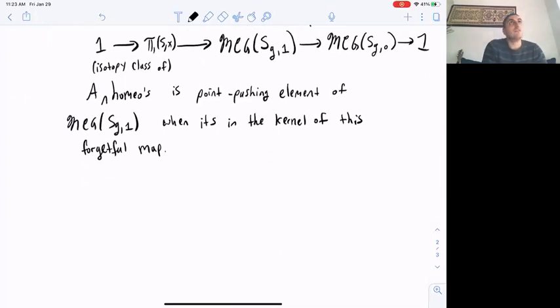Okay, I'm going to be horrible at drawing; they're not easy to draw. But the idea is that when you have a puncture, I can take my finger and push that puncture around a closed loop on the surface and come back.